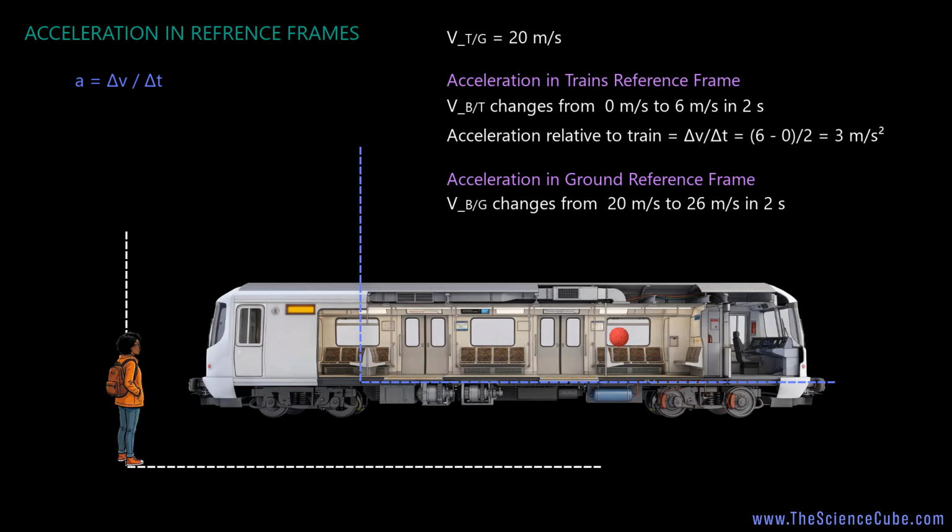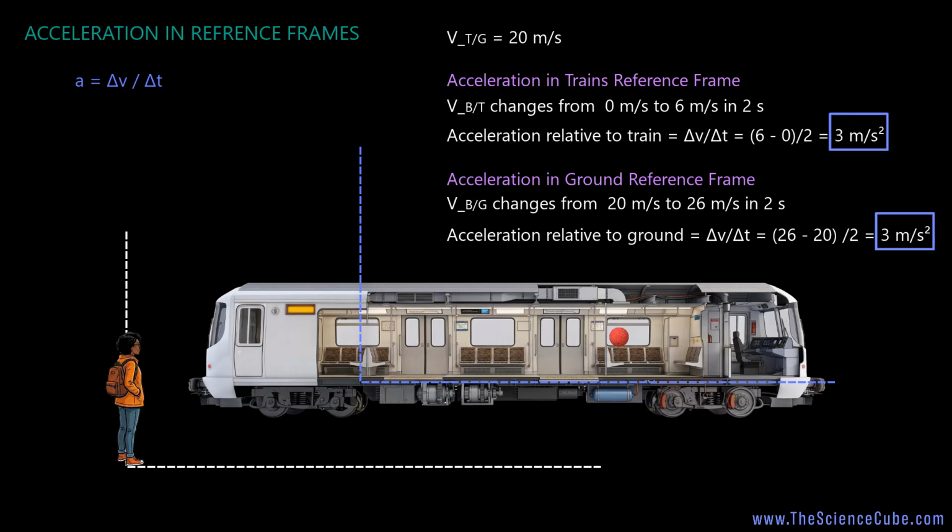Change in velocity equals 26 minus 20 equals 6 meters per second. Time, 2 seconds. Acceleration relative to ground equals 6 over 2 equals 3 meters per second squared. Same. Exactly the same. So the acceleration of any object is the same as measured from all inertial frames.